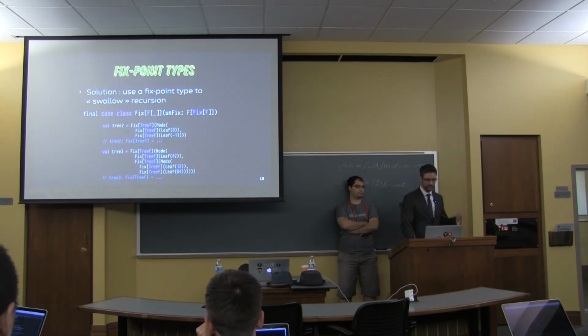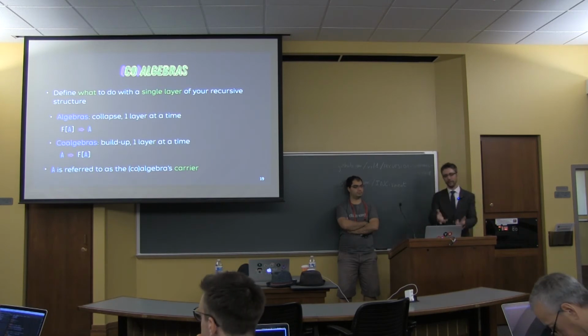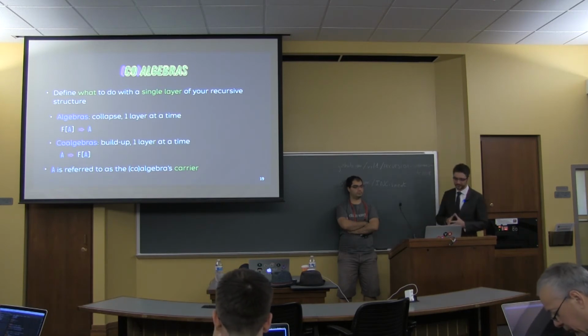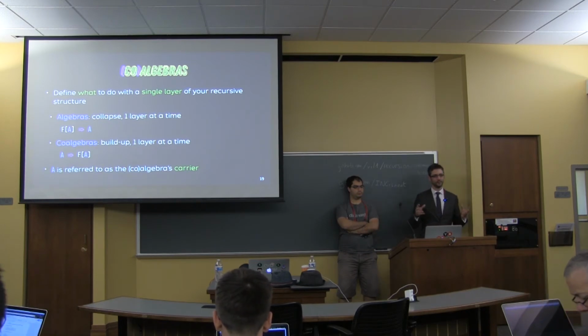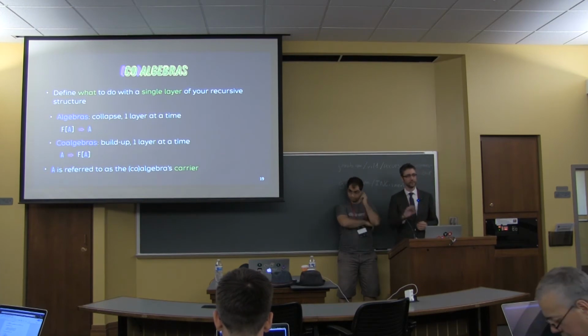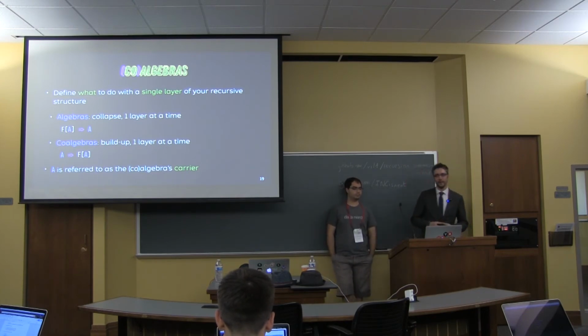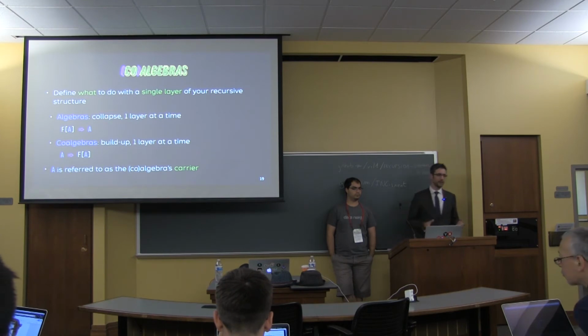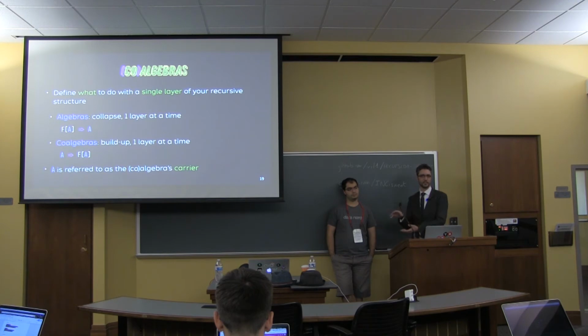Okay, so we have a pattern functor, we have a fixed point type, and now we need the real stuff, which are algebras. So algebras are just the blueprints of what we want to do with each node of our tree, each node or leaf, or each component of our data structure. So an algebra is simply a function from F of A to A. So it destroys one layer of our structure to build a simple value.